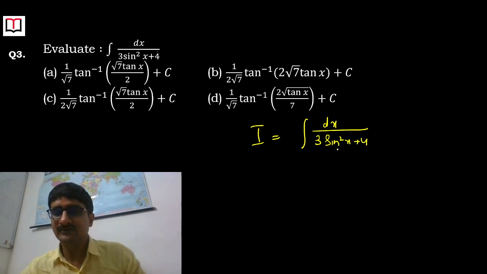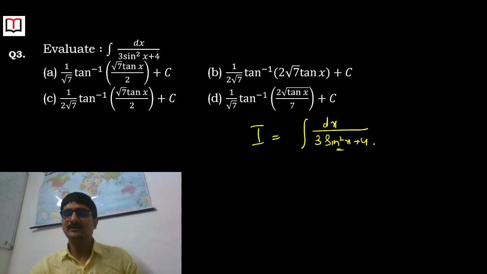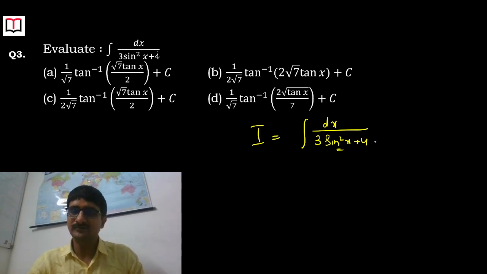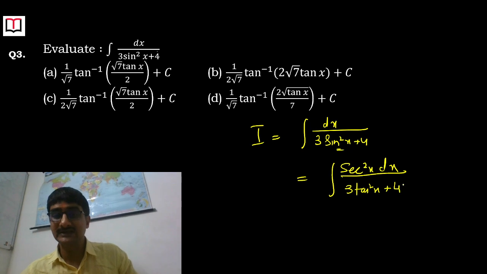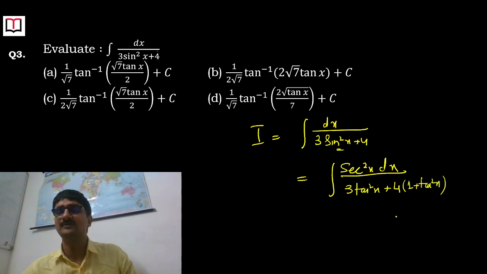The power of sine is even, and 4 into sine raised to power 0 is again even. So if you divide both numerator and denominator by cos square, you get sec square in the numerator, and 3 times tan square x plus 4 times sec square x in the denominator. I will write sec square x as 1 plus tan square x, and then we know what to do.